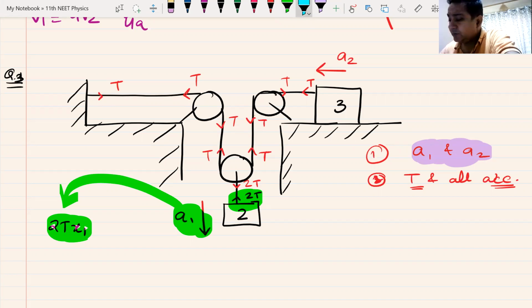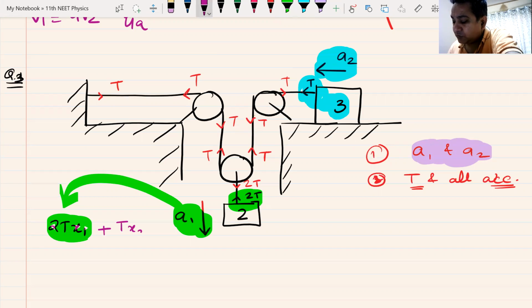Then we write the constraint relation for this 3 kg block. T is forward. a2 is also forward. Plus T into x2. I have written x2, not a2.